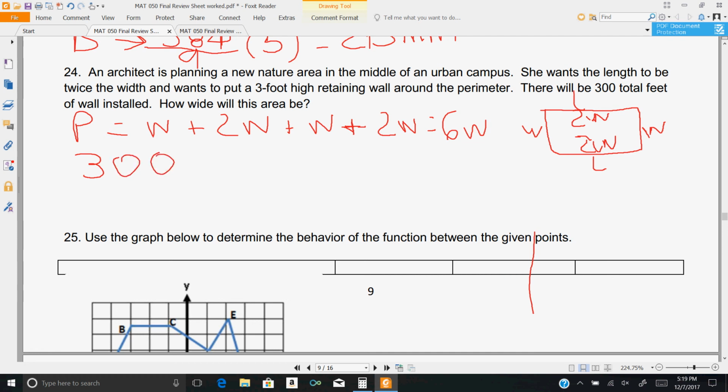So I know 300 equals 6W, and I can divide both sides by 6, which gives me W equals 50.